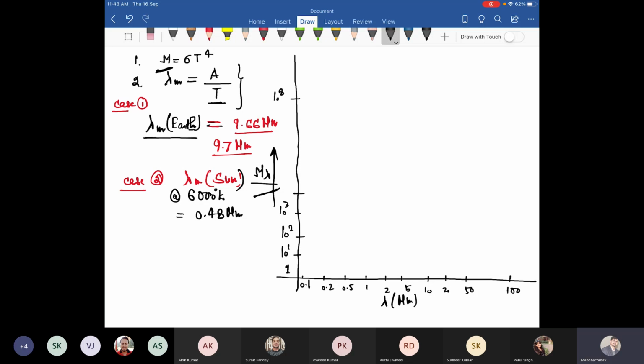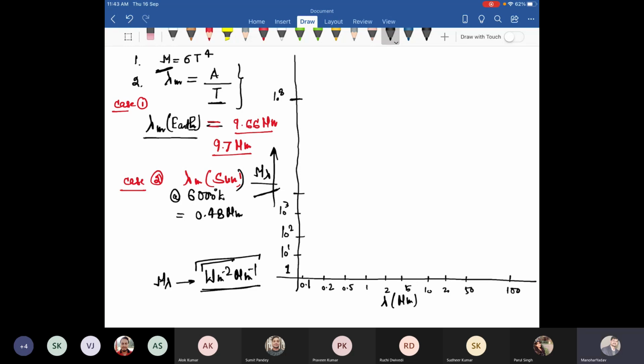So M lambda unit is watt per meter square, the total amount of energy that is radiated per unit wavelength.